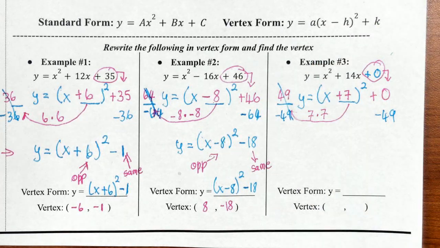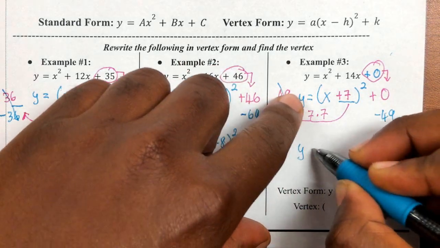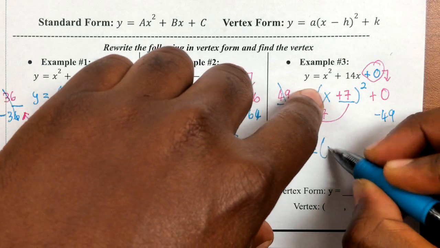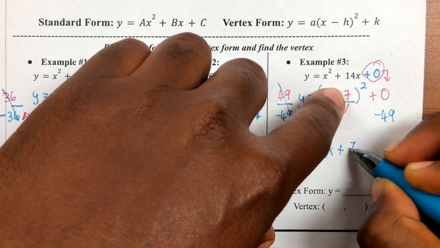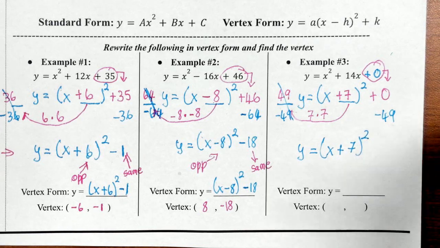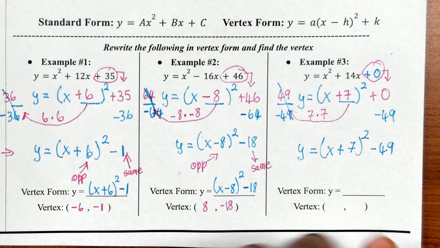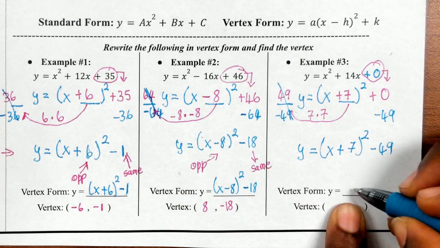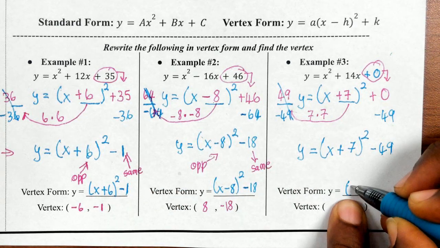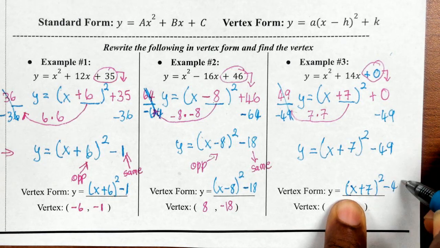This will get canceled. And my vertex form would be y equals parentheses x plus 7 parentheses squared, and then 0 minus 49 is negative 49. And there we have our vertex form. All you need to type in for vertex form is parentheses x plus 7 parentheses squared minus 49.